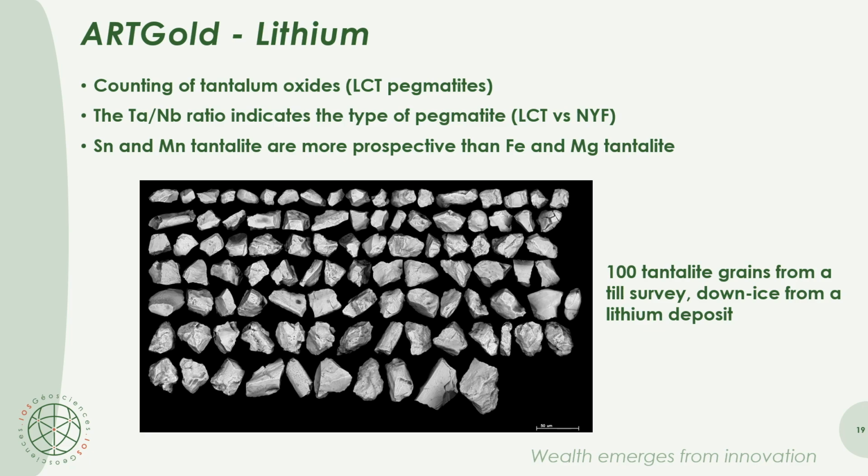If you have more niobium, you're looking at NYF pegmatite, which is not totally different, but you won't find any spodumene in NYF. So it's really, really important. And then you have tin and manganese as well, so you can tell if you're in a really good setting or just an okay setting.